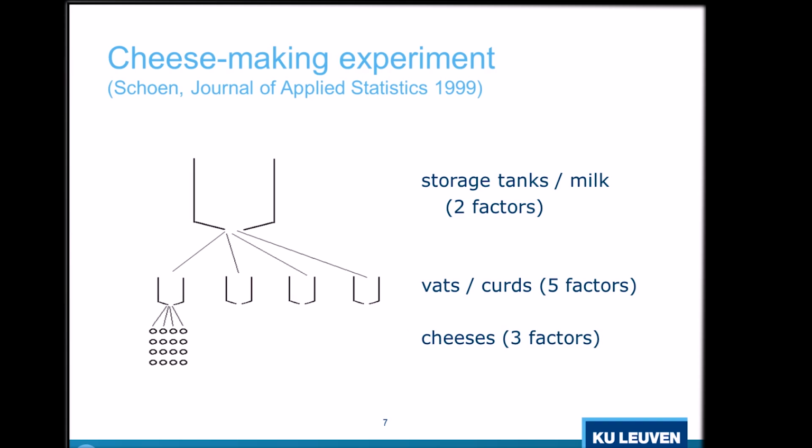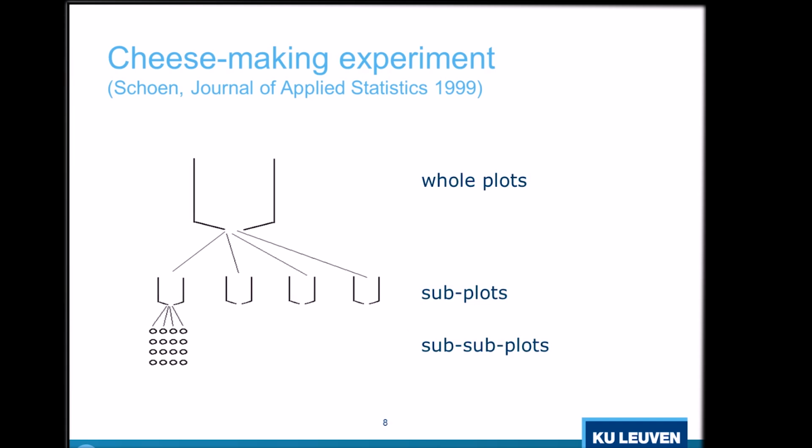And in the jargon, this leads to a split plot experiment where the large milk tanks themselves are called whole plots. The smaller vats are called subplots, and the individual cheeses can be called subplots, as shown on slide number 8.